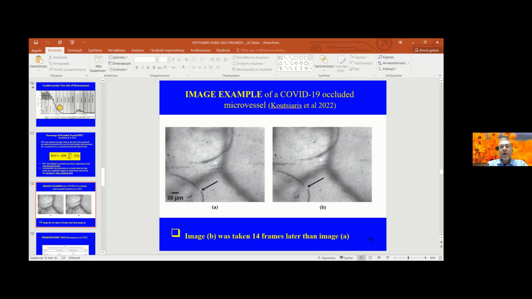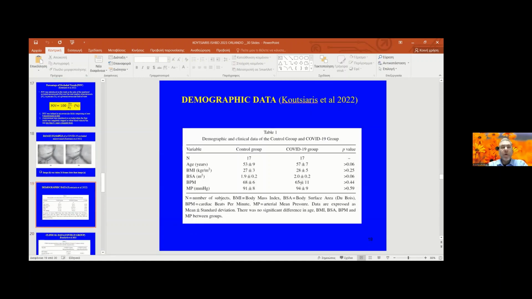And as you can notice, the red blood cell column has not advanced at all. So this vessel was occluded because the blood flow was stopped. So in this way, we quantified microvascular occlusion.